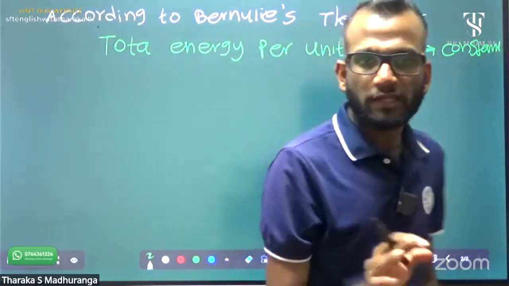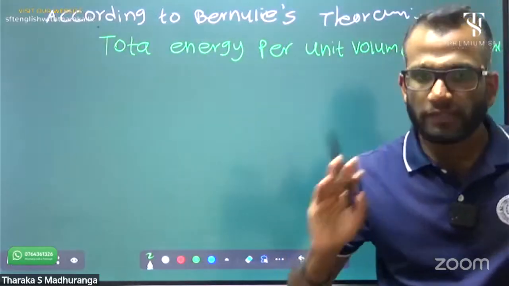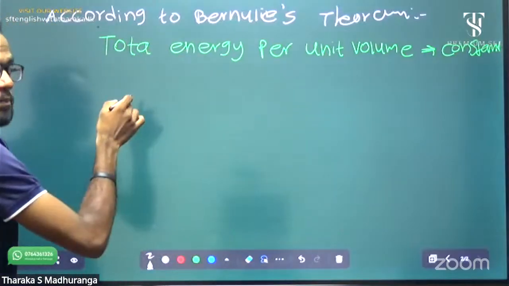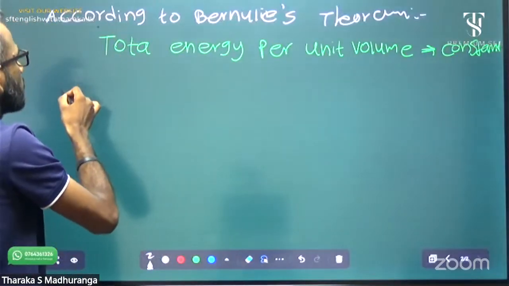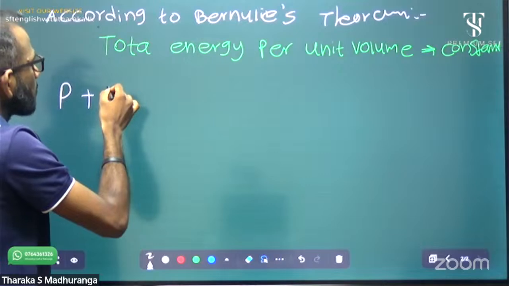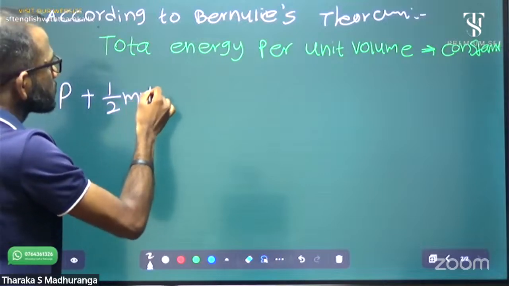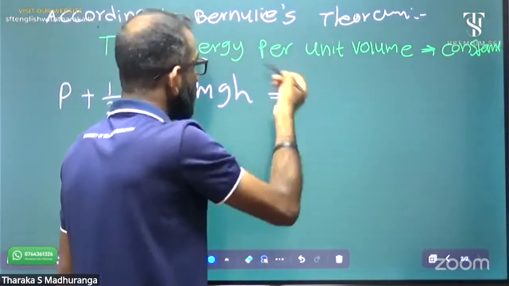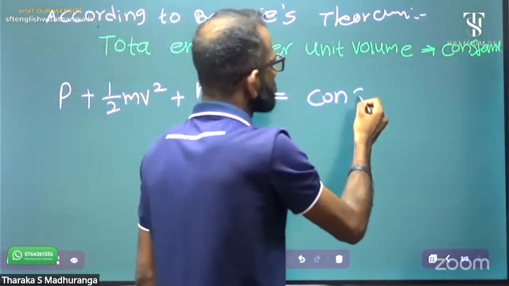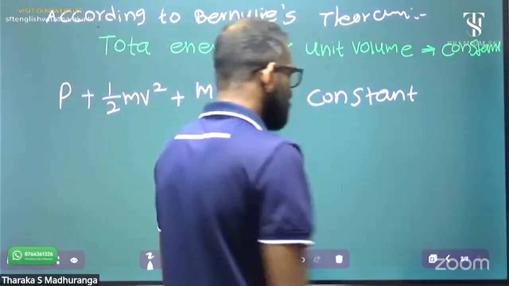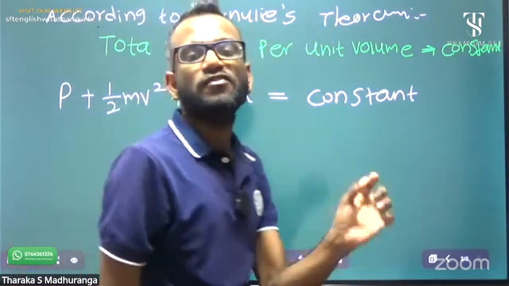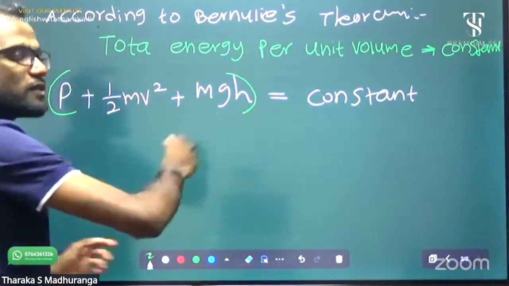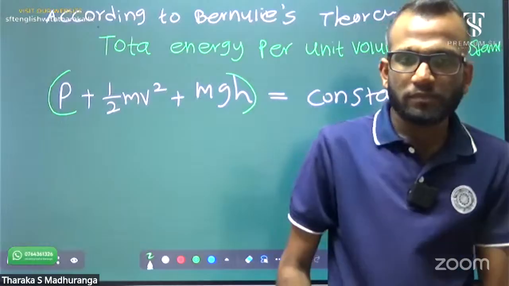That means the total energy, P plus half mv squared plus mgh, is a constant. Constant means each point has the same value. The total energy per unit volume is a constant value. Very clear?